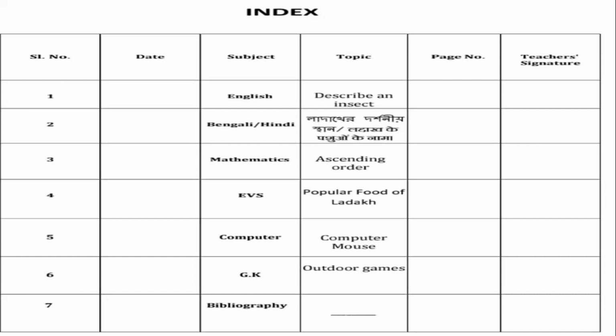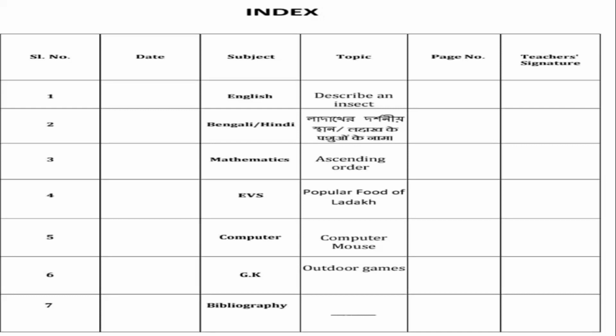On the third page, you have to write index. There, you have to make 7 columns: serial number, date, subject, topic, page number, and teacher signature. In the first column, you will write serial numbers. In the second column, you will write dates for the particular project.